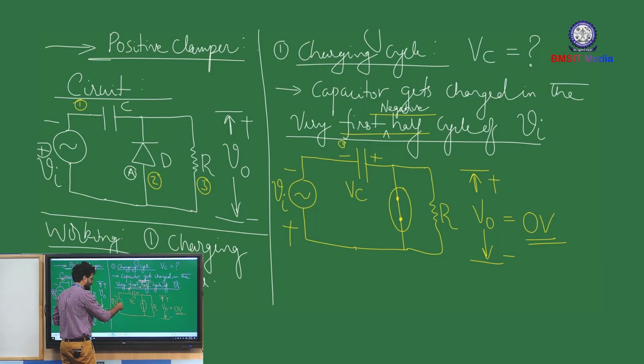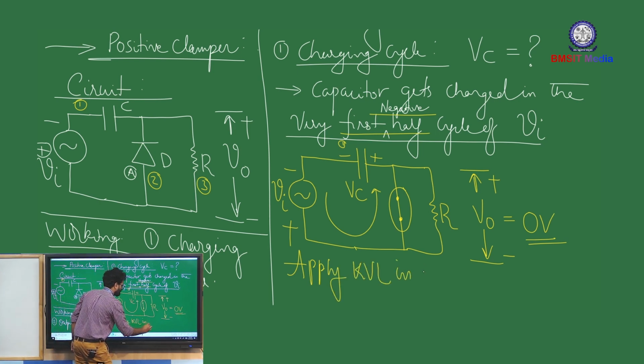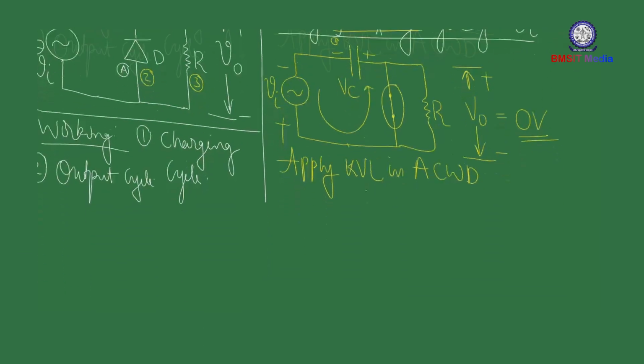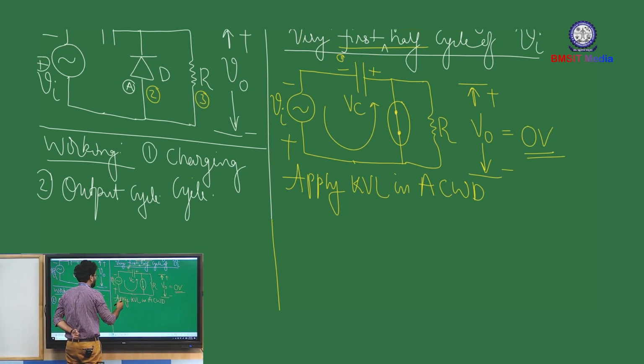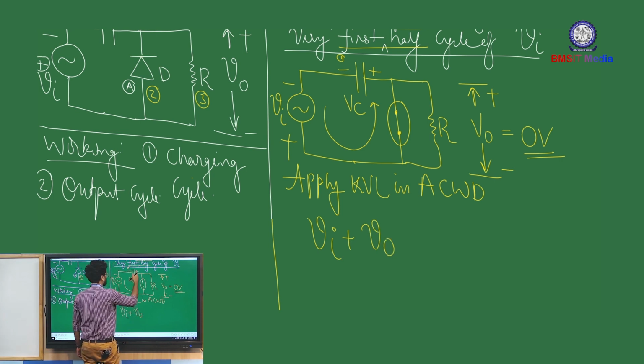Since we have started with the negative half cycle, we can apply KVL in the anti-clockwise direction. Minus to plus Vi, then minus to plus V0, and then plus to minus Vc is equal to 0.